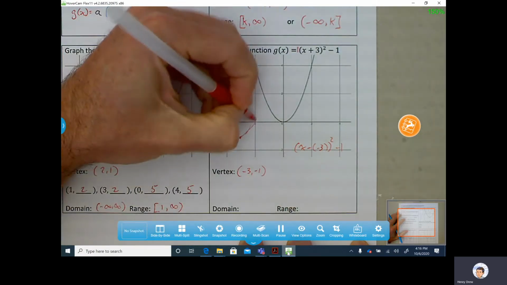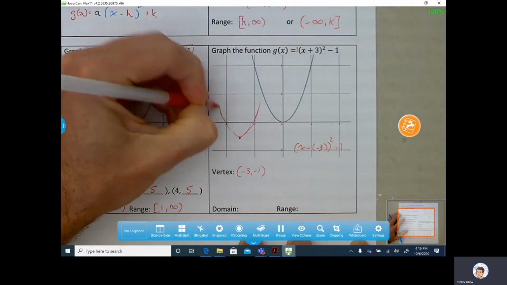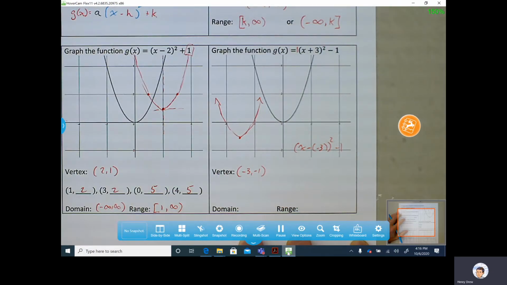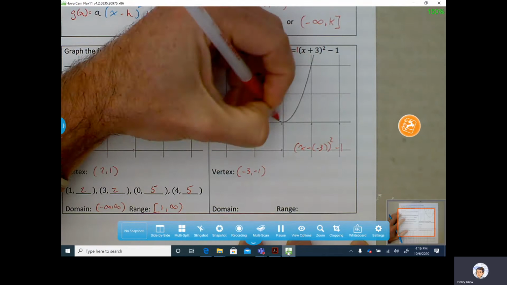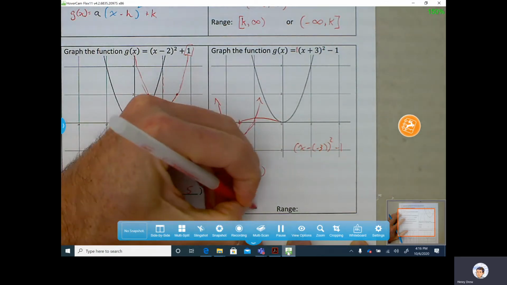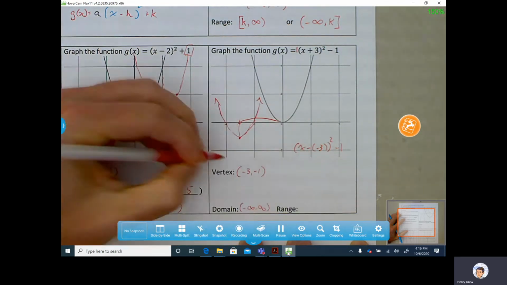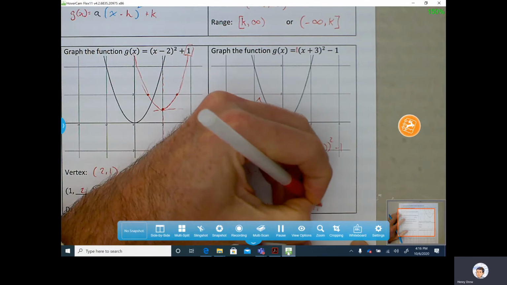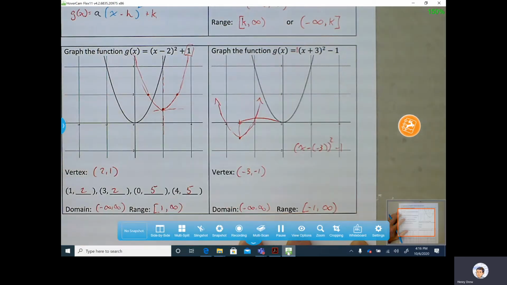So we're going to start to shoot up like that. We've shifted 3 units to the left and 1 unit down to get to our vertex. Our domain is still unlimited, but our range now comes from negative 1 and shoots up towards infinity.